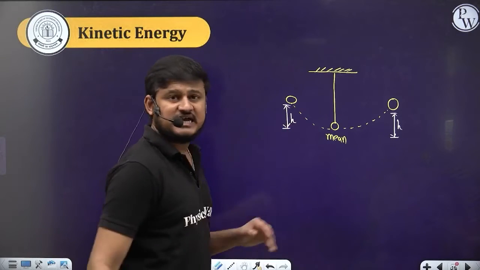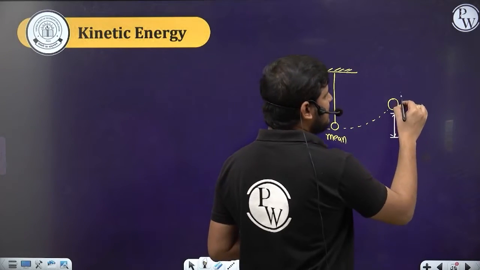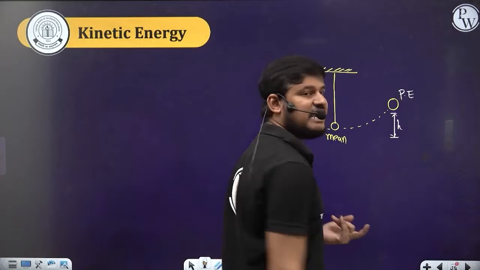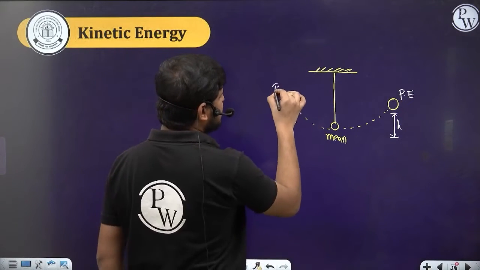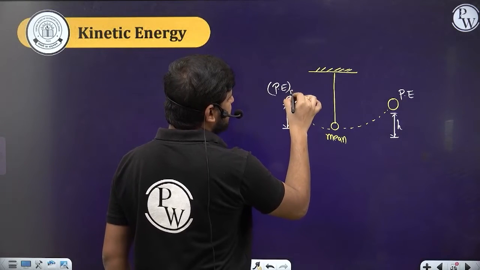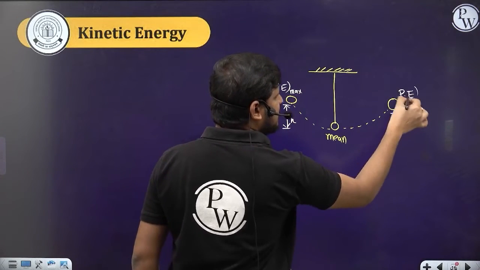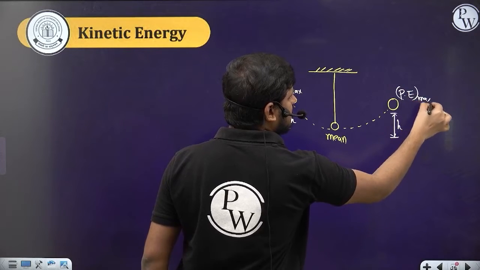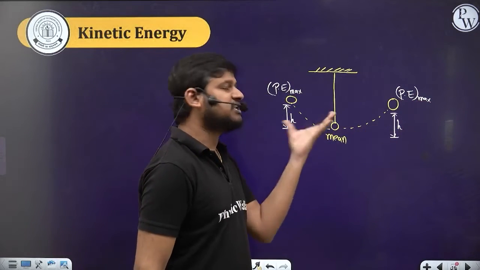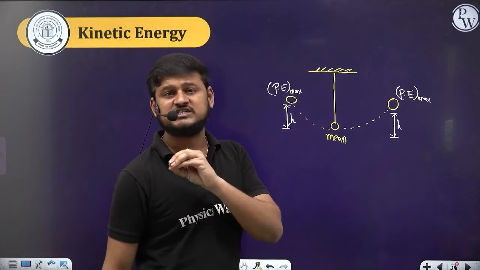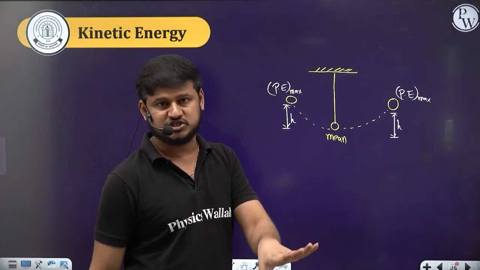So at these points, the particle performing S.H.M will have potential energy. Here also, the potential energy is maximum, and the potential energy is maximum here. Now consider this as the ground. Here the potential energy is 0, but potential energy is not always 0 at the mean position.